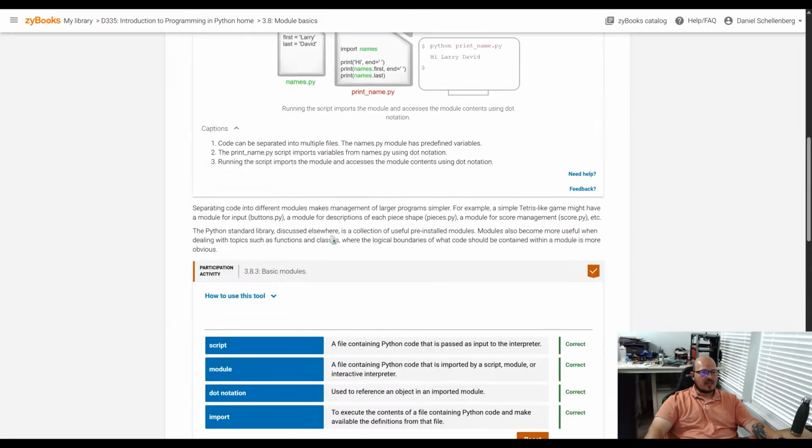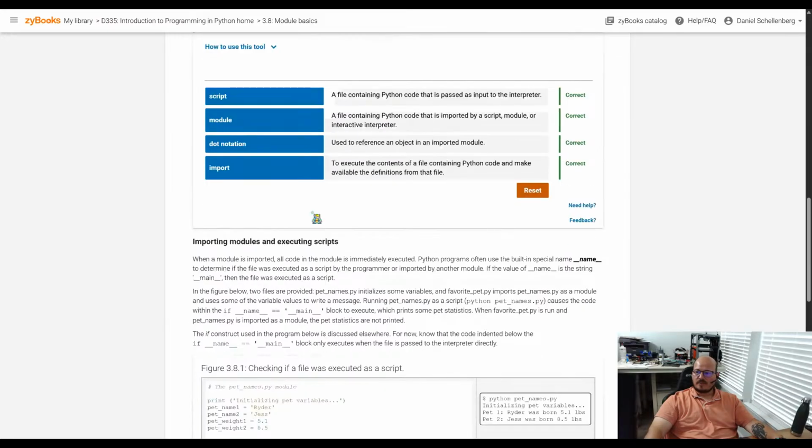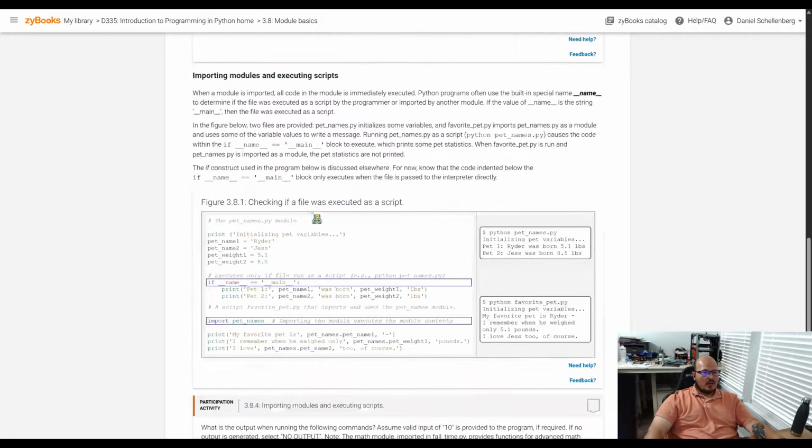And it doesn't have to be names, it could be anything. But when a module is imported, all code in the module is immediately executed.